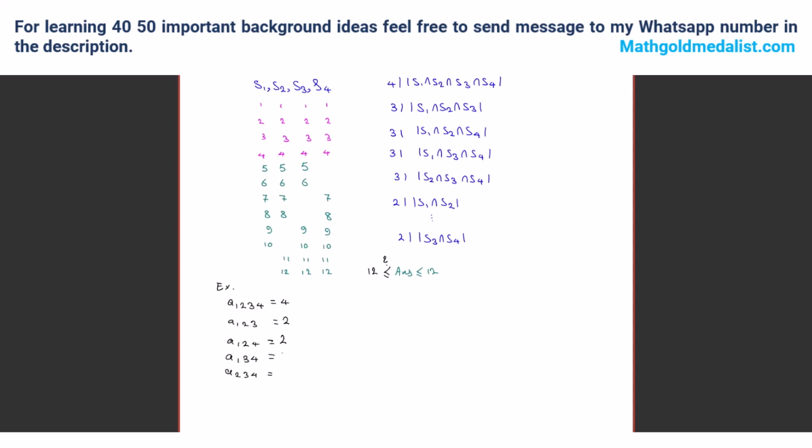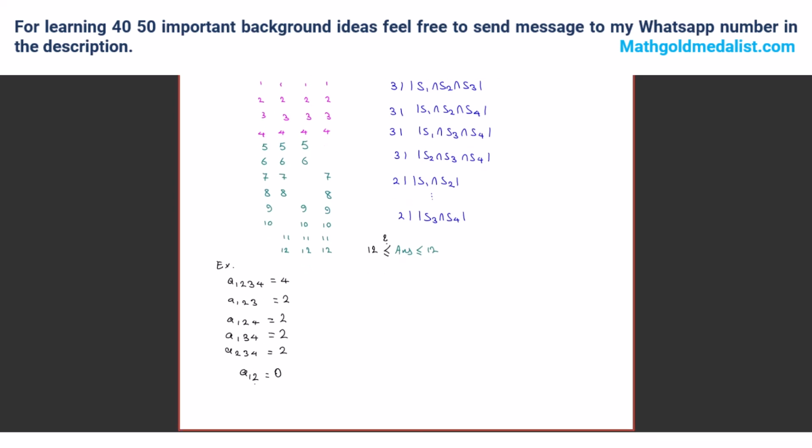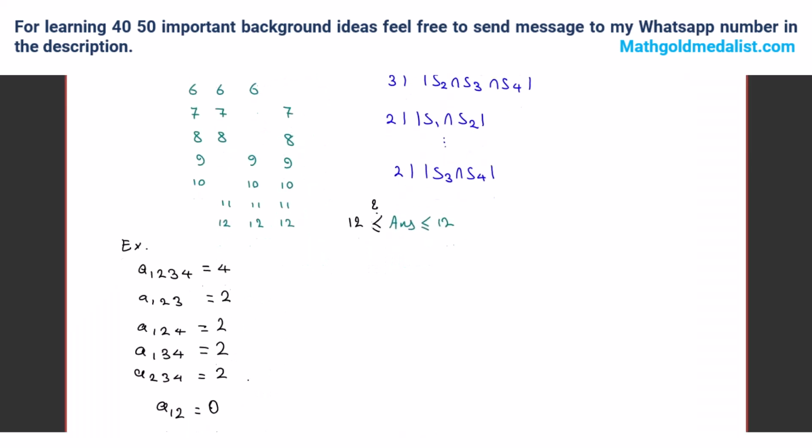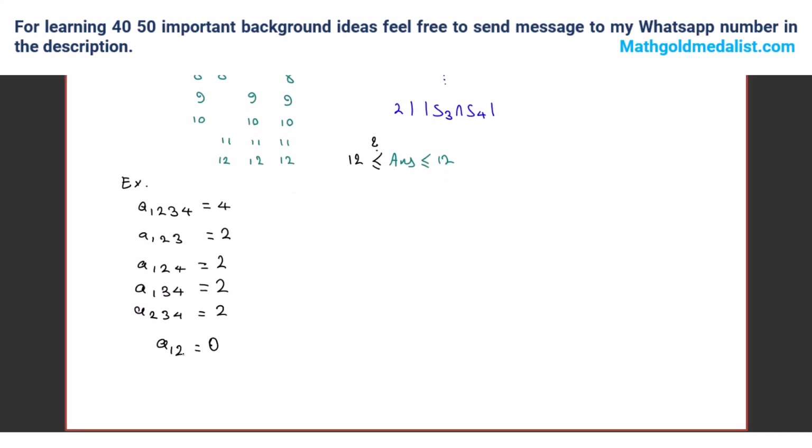Because your example is symmetric, all of them will be 2, right? What about A12? Yeah, 0 in your example, right? So we have A12, A13, 0 to A34, right?